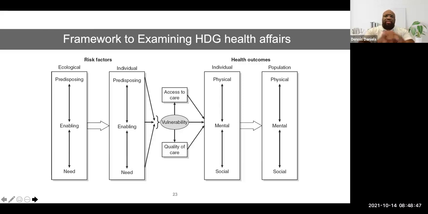And so, again, this model posits that vulnerability is determined by a collision of predisposing factors, such as one's background characteristics, whether it be race, culture, other social factors, enabling factors, such as one's healthcare coverage status, and both individual and ecological needs, such as medication needs, one's disability status, one's access to nutritious food or clean drinking water.